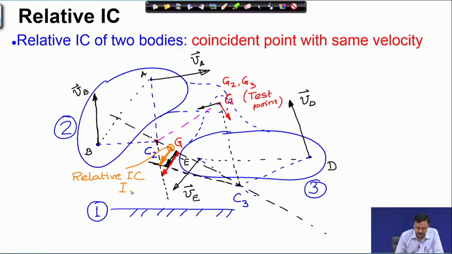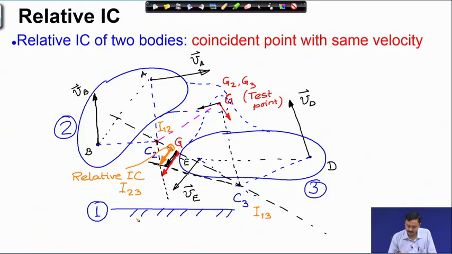Sometimes we will indicate it as I23. In a similar manner, C3 will be denoted as I13 and C2 will be denoted as I12. The relative instantaneous center of rotation of body 2 with respect to 1 is C2 or I12.